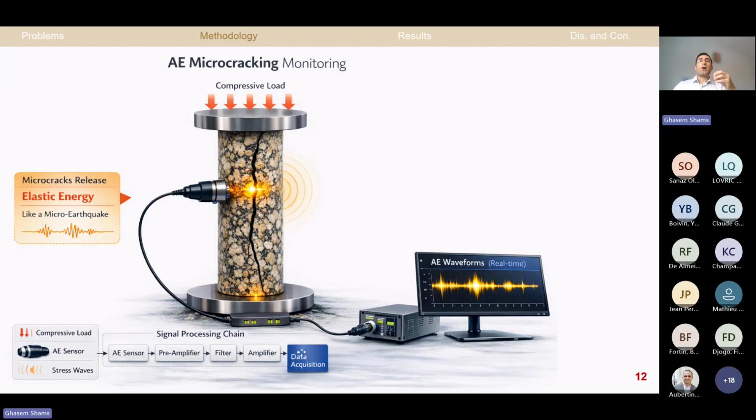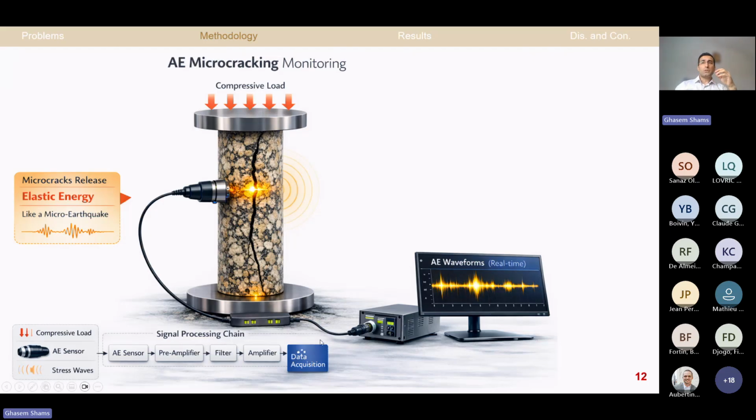These microcracks release strain energy that propagates as stress waves inside the material. This stress wave, the orange one, is produced by a microcrack releasing energy. This energy is detected by an acoustic emission sensor attached on the surface of the specimen. The stress wave is converted to an electrical voltage signal and sent to the data acquisition system.